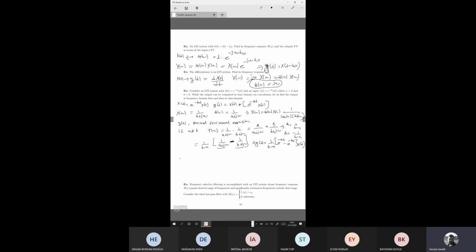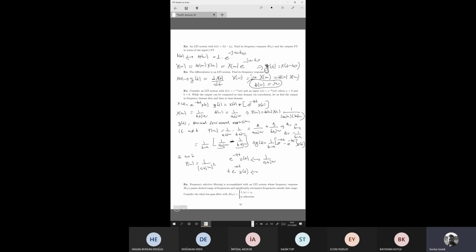Well, what if a is equal to b? In this case, y of omega is simply 1 over a plus j omega squared. Okay. Well, I know that e to the power minus at u of t has Fourier transform of 1 over a plus j omega. What about t times e to the power minus at u of t?